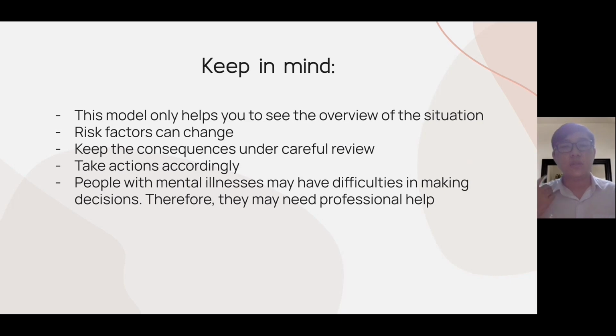The last point is that people with mental illnesses may have difficulties in making decisions. Some people have illnesses that affect their capacity to think, so you should consider that. Therefore, those people might need professional help.